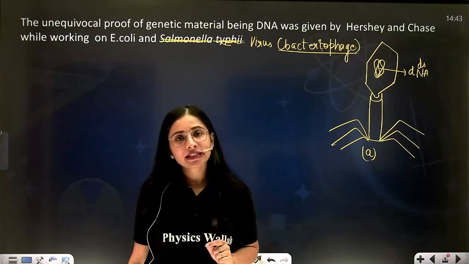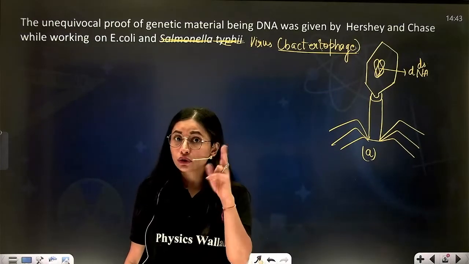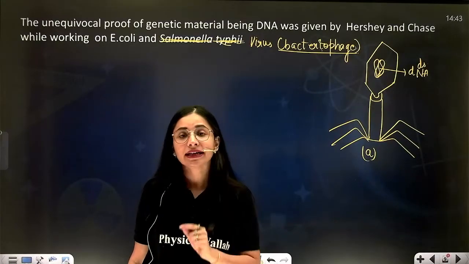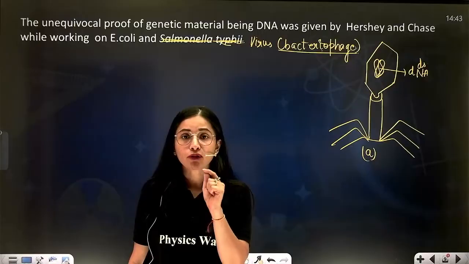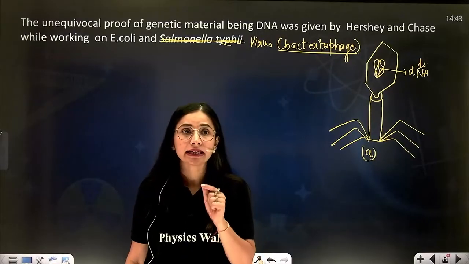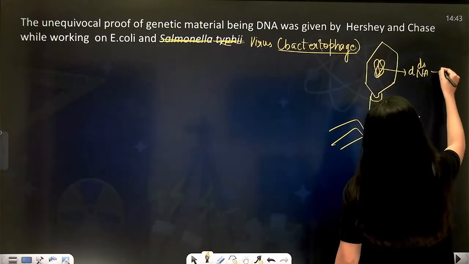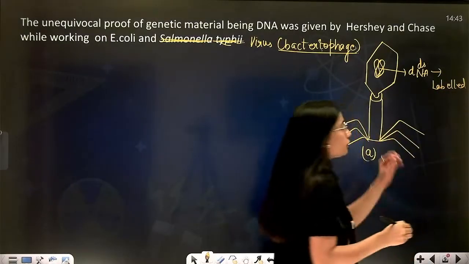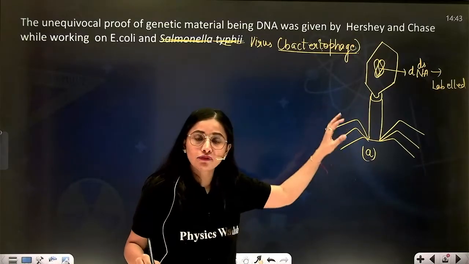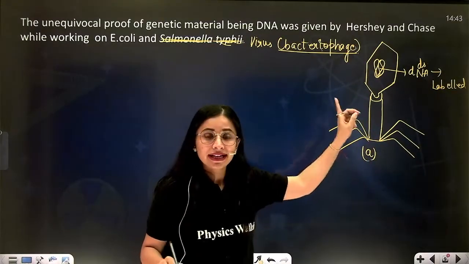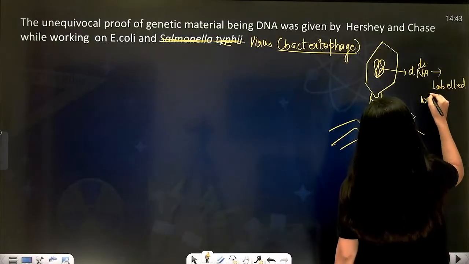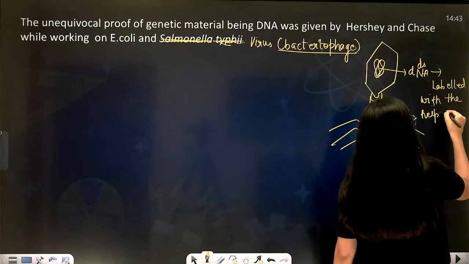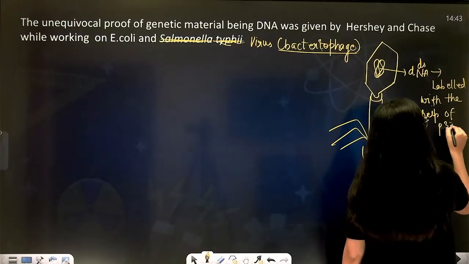So Hershey and Chase took two bacteriophages. In the first bacteriophage, they labeled the genetic material with the help of a radioactive substance, P32. So the DNA is now labeled, kind of doped. The genetic material of the bacteriophage is doped, labeled with the help of radioactive P32.